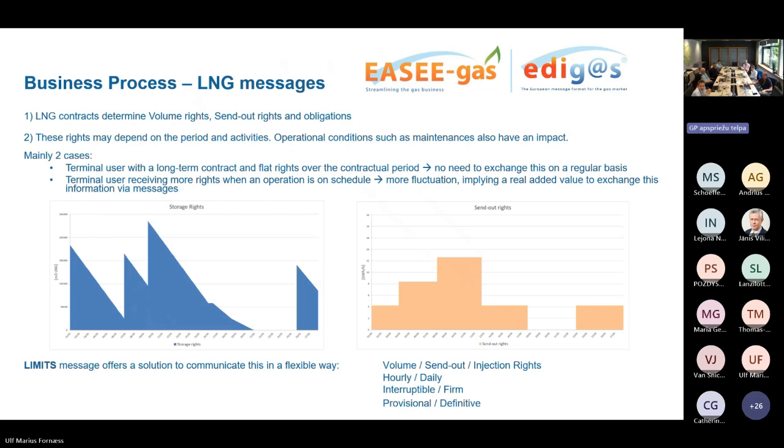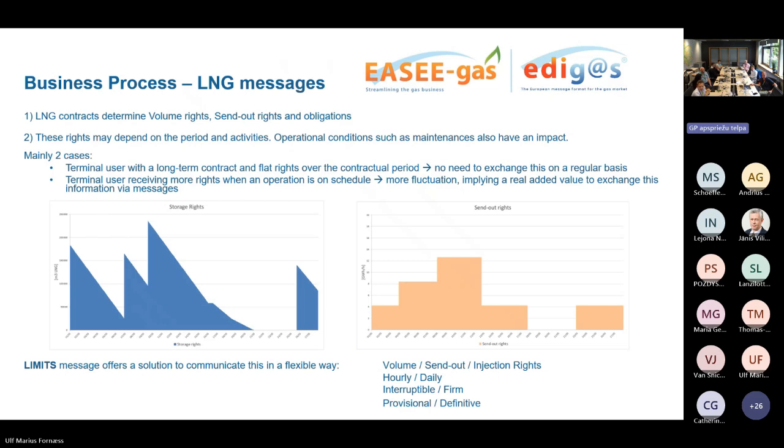To illustrate that, I put two figures on the slide with the evolution of the storage right of a terminal user at Fluxys. It's not real values, but it's realistic. It gives you an idea of the evolution of storage right on the left side, and it changes every hour, basically. So this kind of information is really interesting to receive in an automated way, because it's changing all the time.